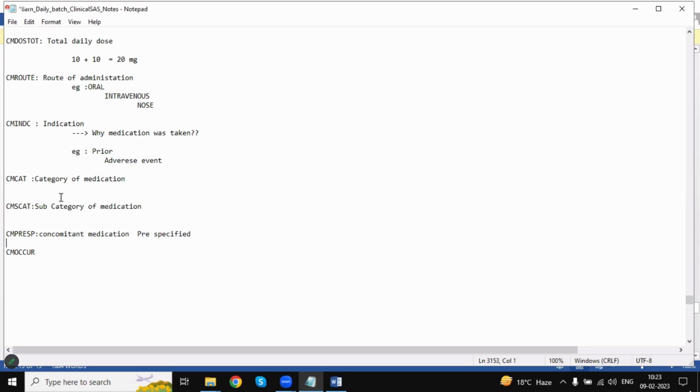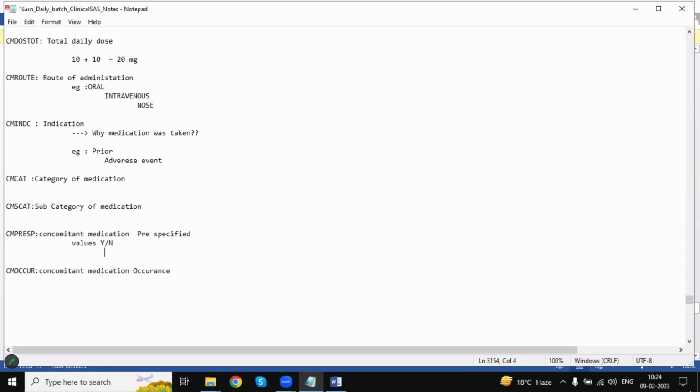I told you, these two variables come together, pre-specified and occurrence. Previously also these two variables came. The values you are going to get are simply yes or no. Correct? Pre-specified means intimated before or not.